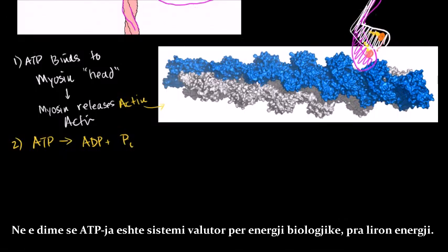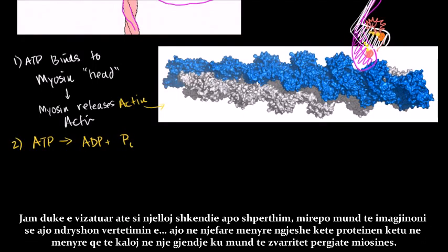So let me draw it. It releases energy. I'm drawing it as a little spark or explosion, but you can really imagine it as changing the conformation of this protein right here. It spring loads it into a state so it's ready to crawl along the actin.